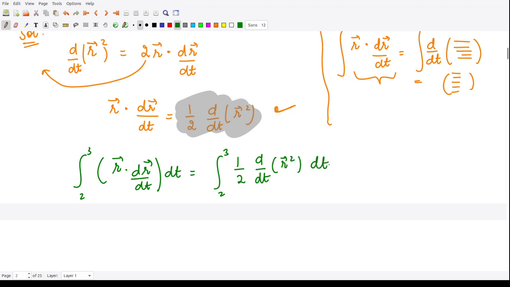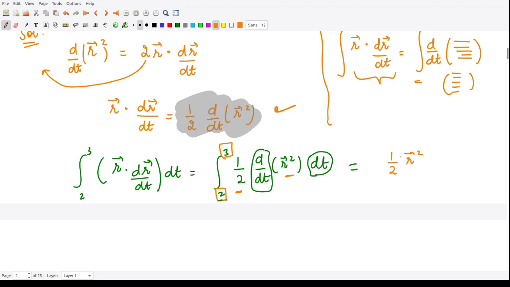Now you see this derivative operator and the integration operator, which is also with respect to t, cancel, and we get half vector r square. Moreover, we have limits here, so we have to compute this quantity.